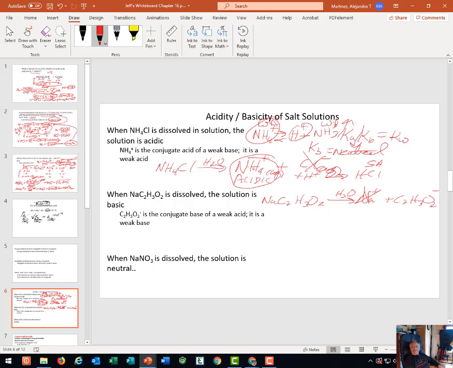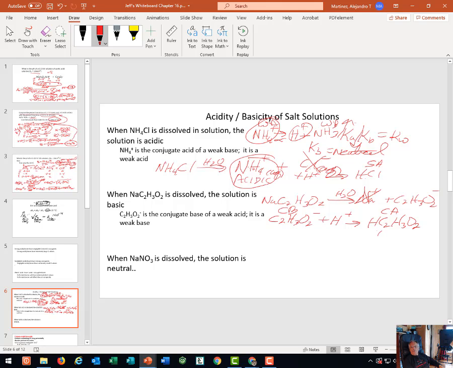But look at acetate. So acetate is, let's write it out here, C2H3O2 minus. If I were to add a proton to acetate, I would have HC2H3O2. And this is the conjugate acid of acetate, which is the conjugate base of acetic acid.